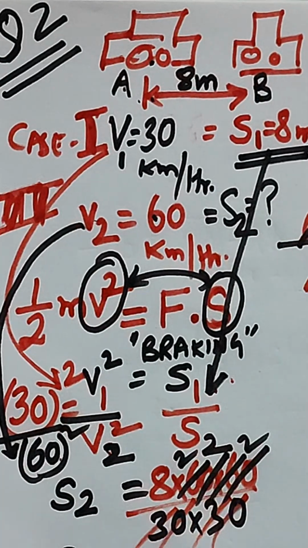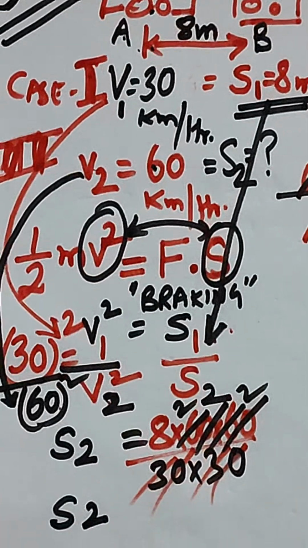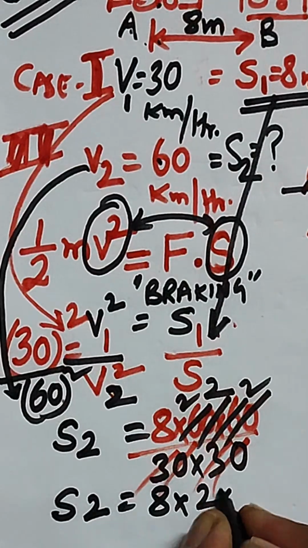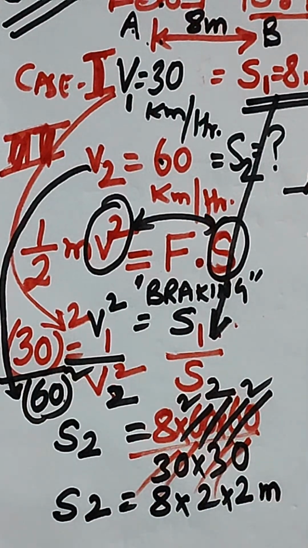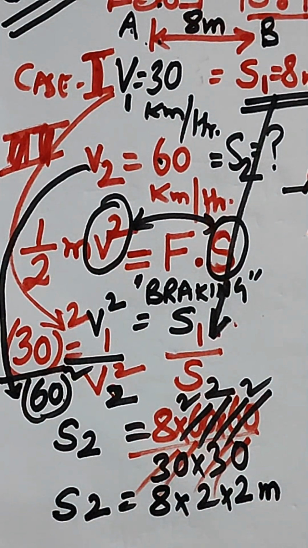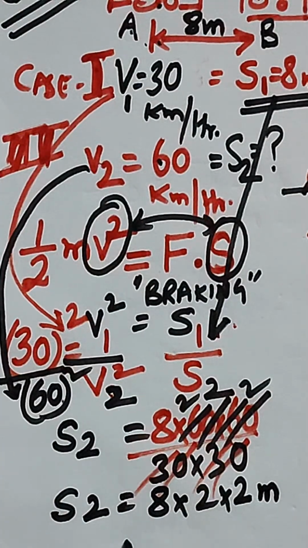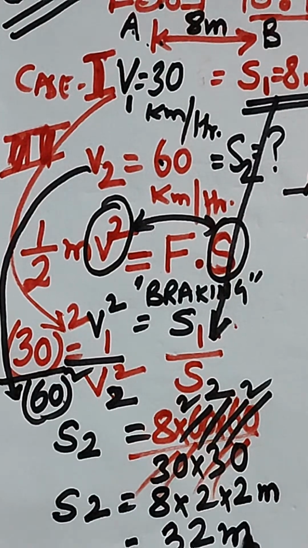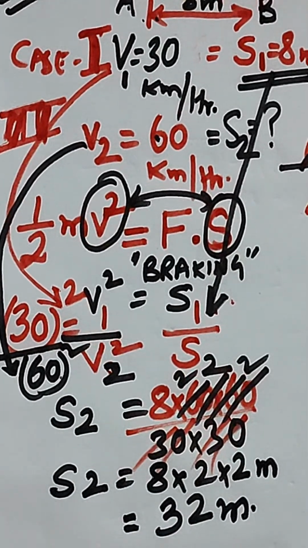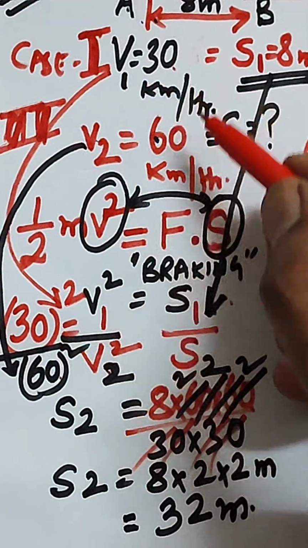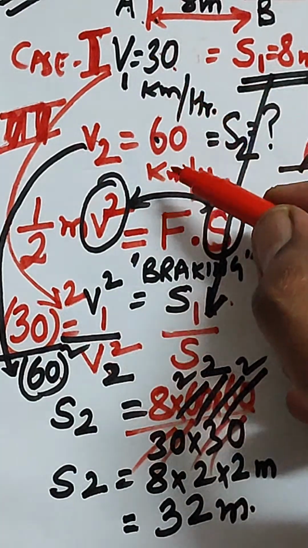So the value of S2 is coming as 8 into 2 into 2 meter, which comes as 32 meter.